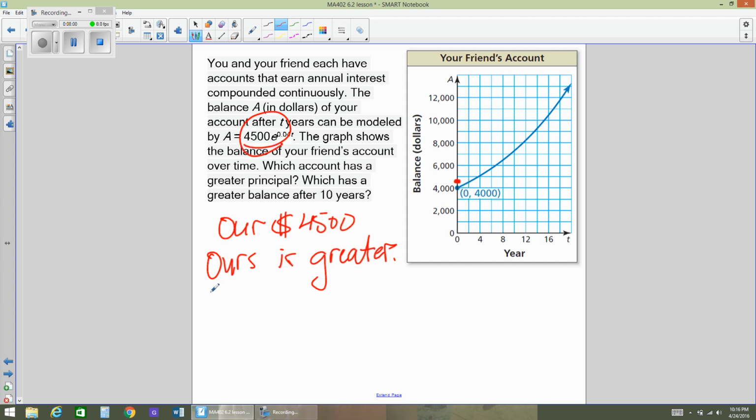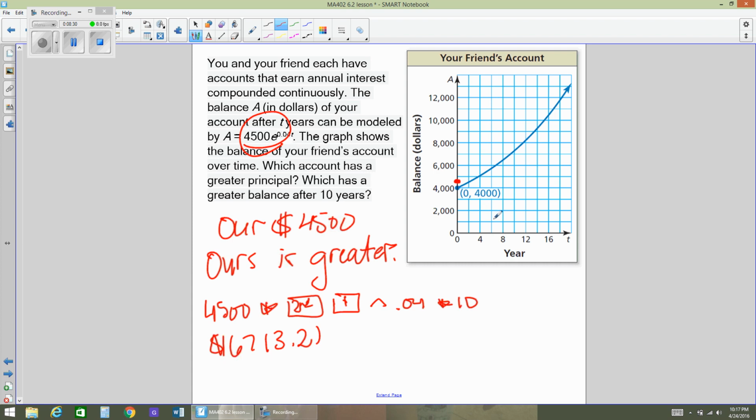So in my calculator, I have 4,500 times, I press the second button, and then I press the divide button because that's going to give me the e. Then I need the caret key, and I do 0.04, the times button, and 10. And I got 6,713 and 21 cents.